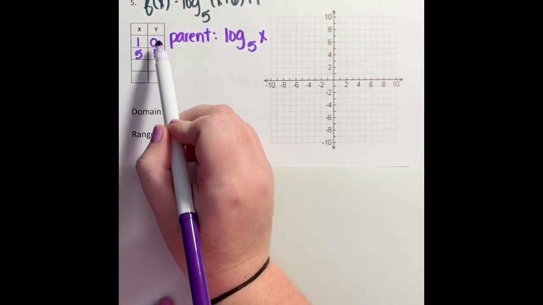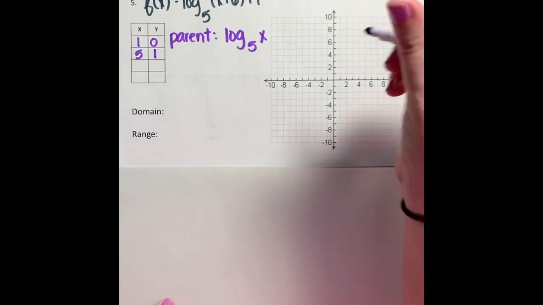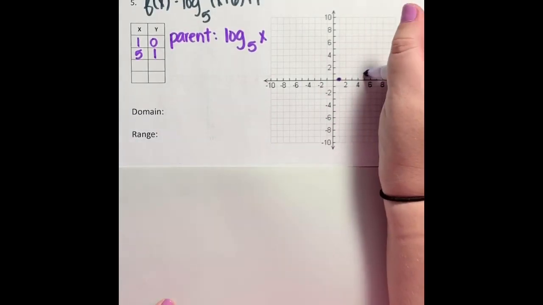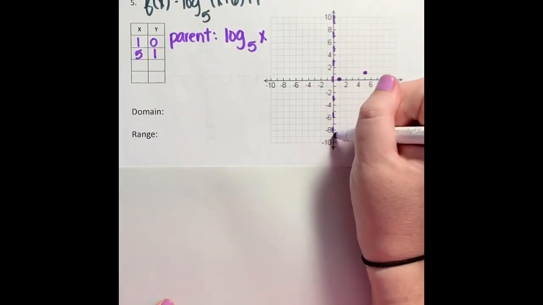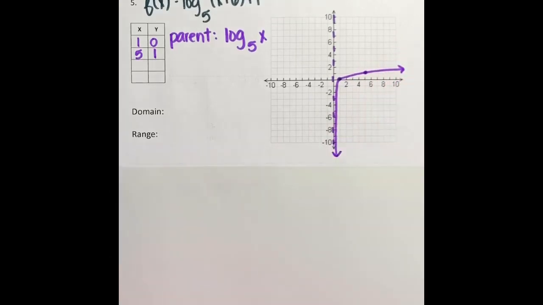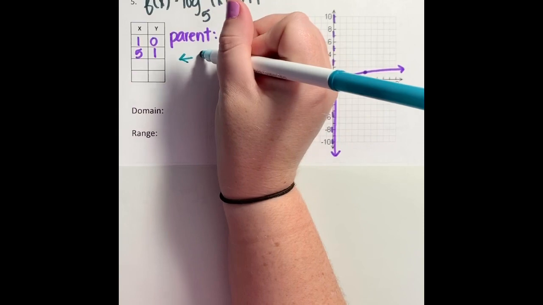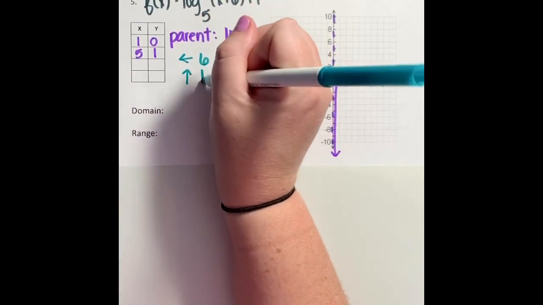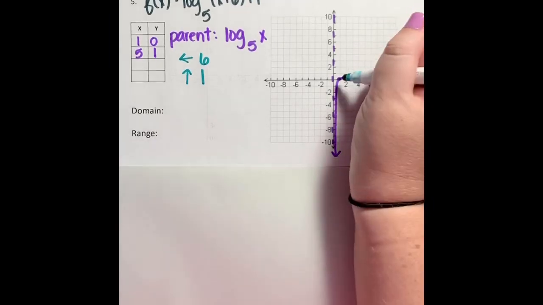So 1, 0, base, 1. Go ahead and plot those points. For my transformations, I am going to be going left 6 and up 1. So I will move my points left 6, up 1.